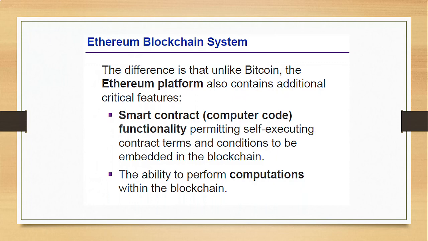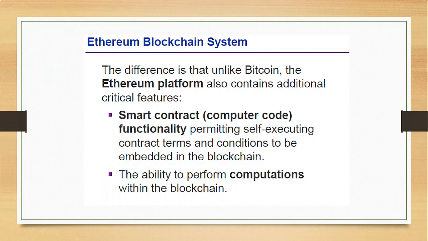Now, ideally, there's a major difference between Bitcoin and Ethereum. I think in some videos I'll distinguish the differences, right? But ideally, Ethereum is normally preferred when you are implementing executable code, computer code, or self-executing code.